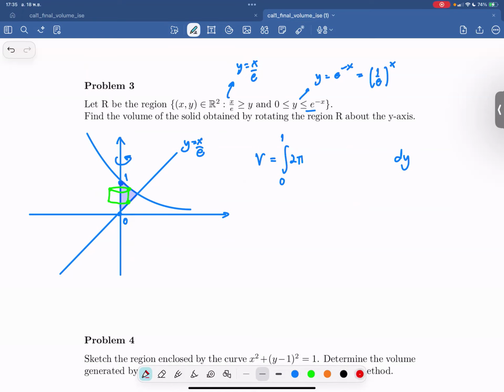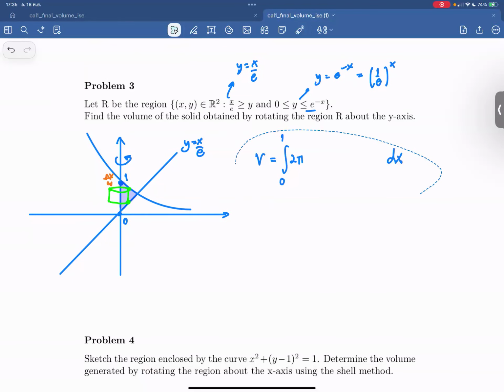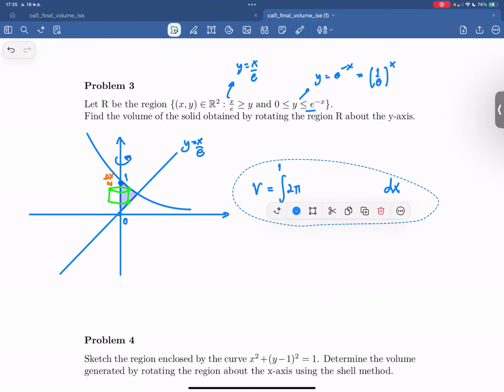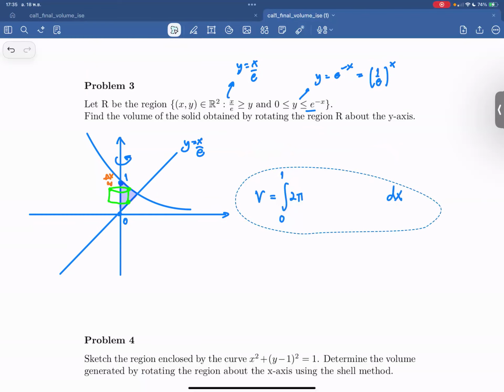The radius is, oh, sorry, am I wrong? We should use the variable x, right? Because the thickness of the cylinder is x. So I have to choose the variable x to be the variable of integration. So we may have to find the intersection point first to be the boundary of the integral.